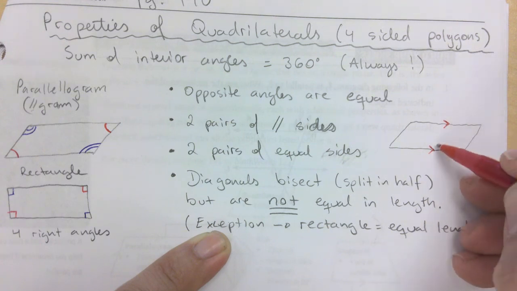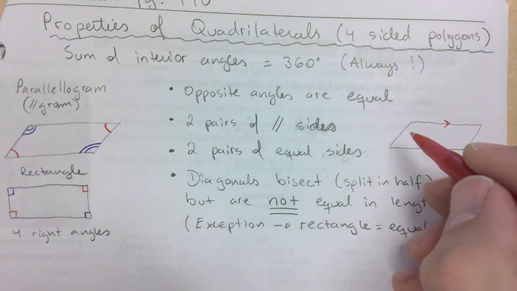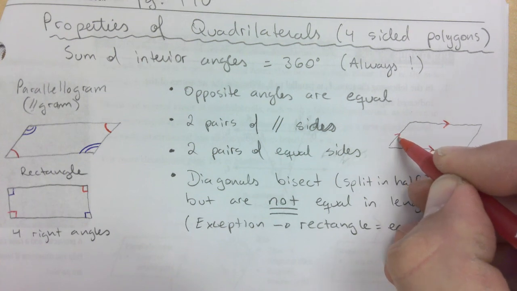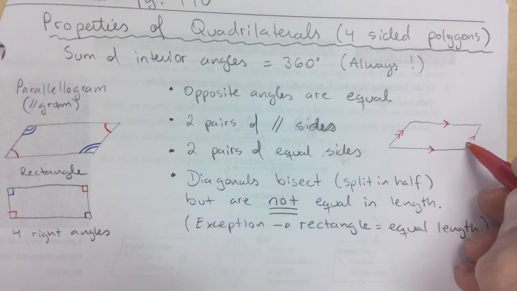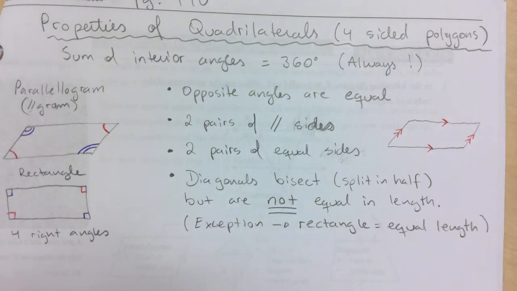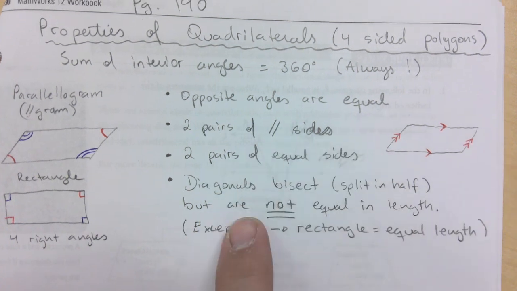So this is the symbol that tells you that these guys run alongside each other and they will never touch. They will never connect. And the same thing with this. This side over here is parallel to this side over here. So two pairs of parallel sides is there.